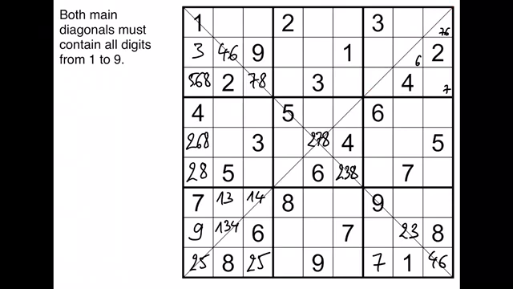Here, what could be interesting in there? This cell is quite restricted. Can't be 1, 2, 3, 4, 7 or 9. So it has to be 5, 6 or 8.